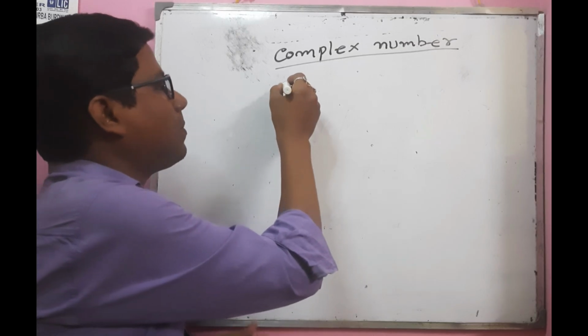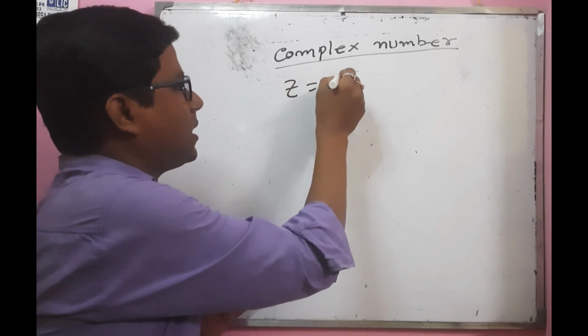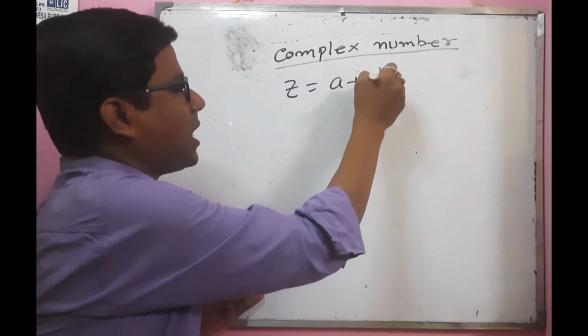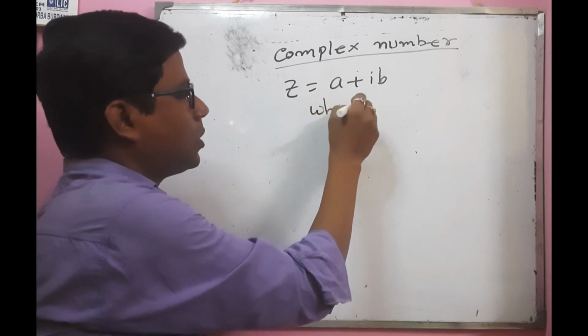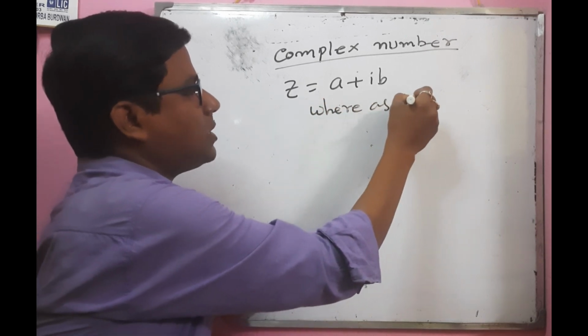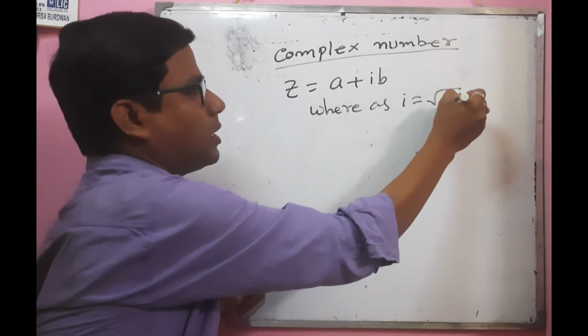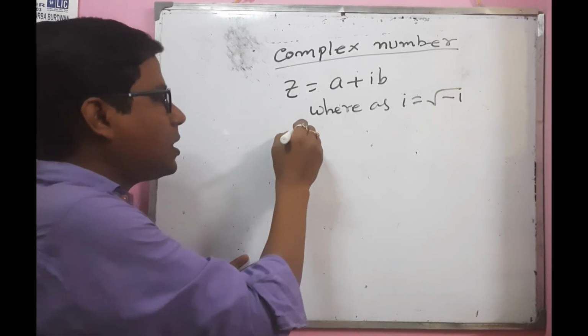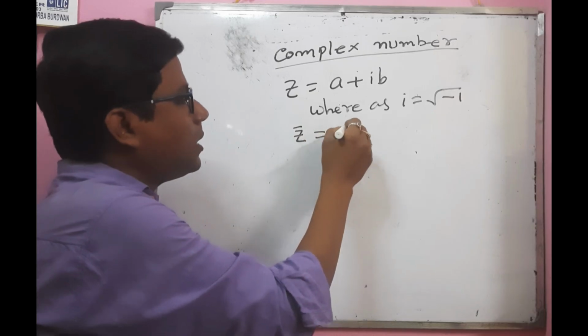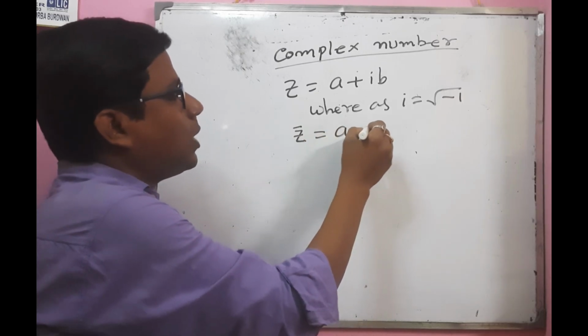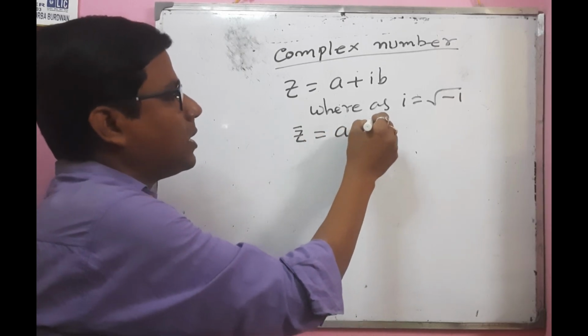Any complex number Z is of the form A plus iB, where i is equal to root under minus 1, and the conjugate of the complex number is A minus iB.